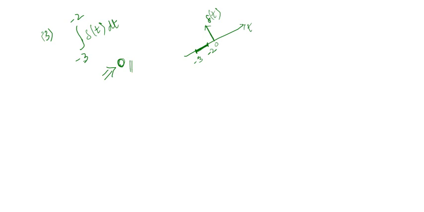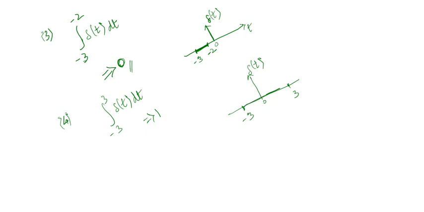Suppose the same problem, if I modify the limit from minus 3 to plus 3, the answer is 1. Why? Because the impulse is present only at time 0 and the limit is between minus 3 and plus 3, so I am also covering the impulse signal. The area under the impulse is now 1.